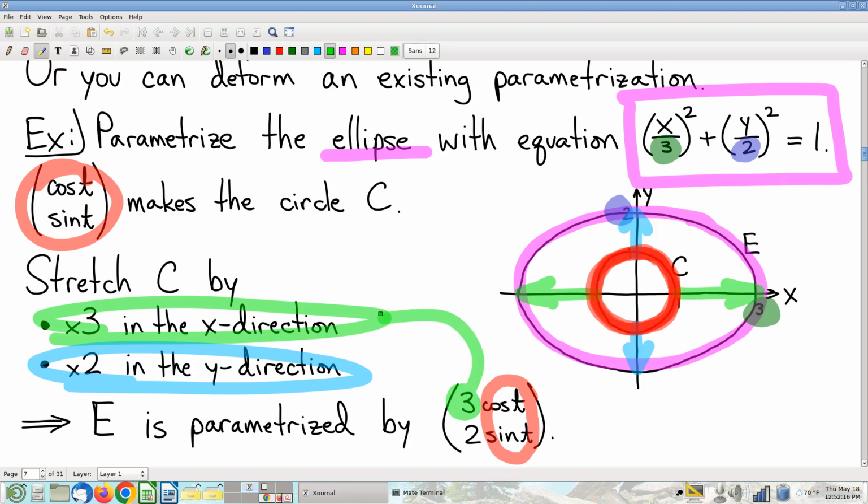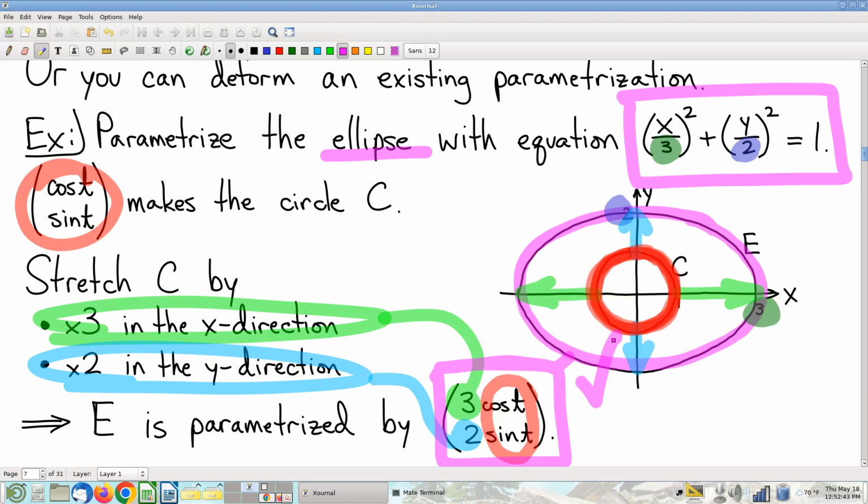Just multiply all those x coordinates by 3. That literally stretches by a factor of 3 in the x direction. And I want to stretch by a factor of 2 in the y direction, so multiply by 2 on the y coordinate. And that does the deformation needed, and thus gives me my stretched out unit circle, aka my ellipse.